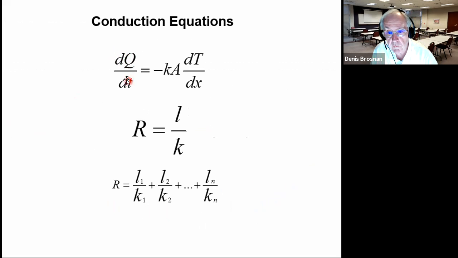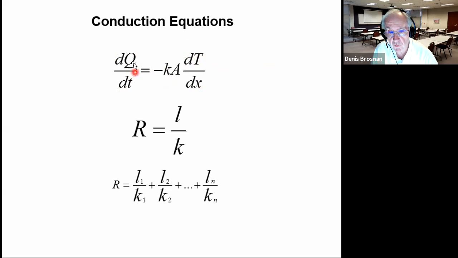The amount of heat per unit time is equal to the heat transferred through conduction, equal to minus a constant. That constant is very important. That K is a constant we call thermal conductivity, times the area, times the change in temperature from hot face to cold face where the heat is flowing, divided by the distance through which it travels.